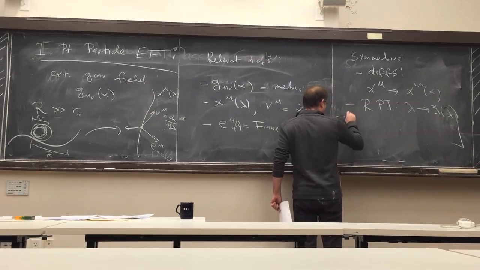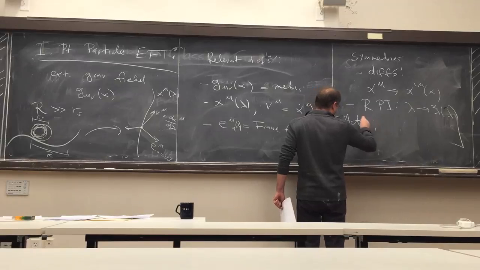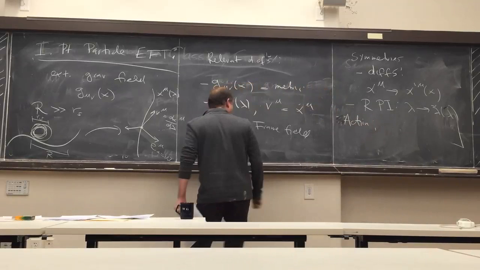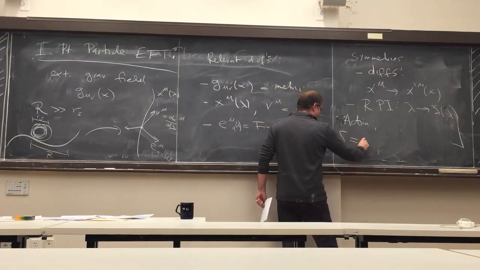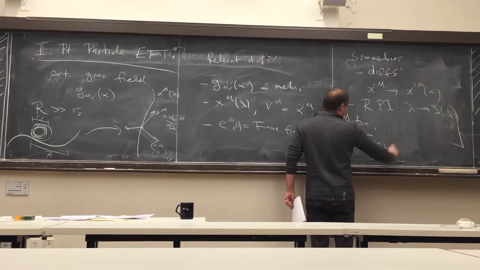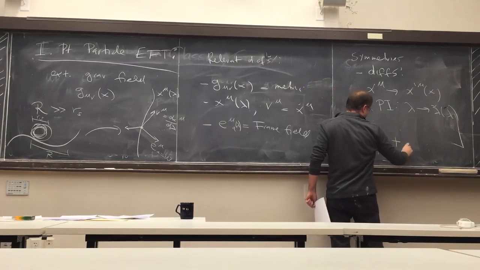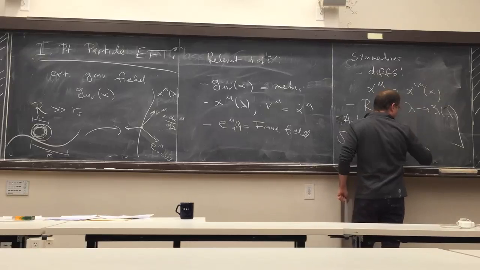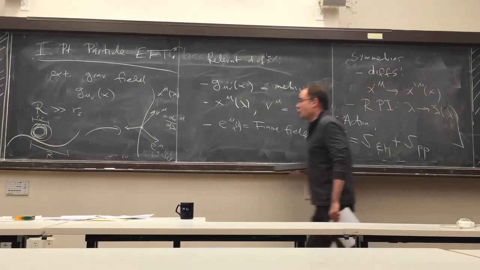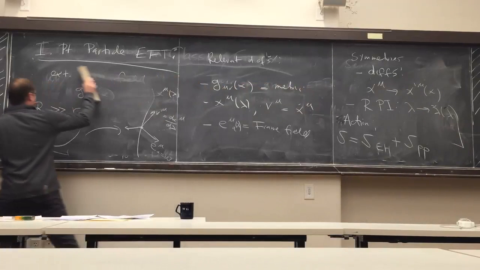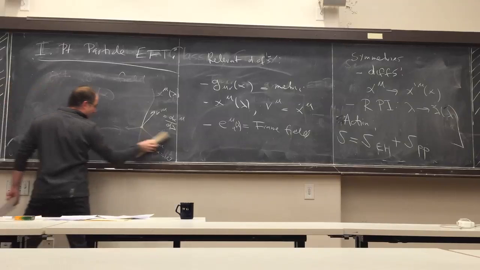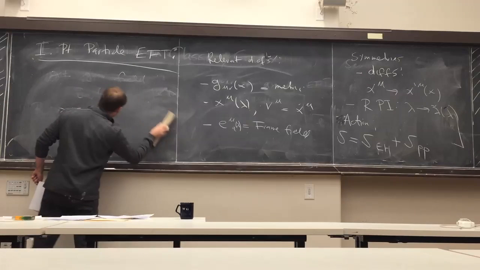The action that describes at least a single point particle coupled to gravity is a gravitational term for G, and another term for the point particle. So the gravitational term, we'll just take it to be the usual Einstein gravity, so the Einstein-Hilbert action.